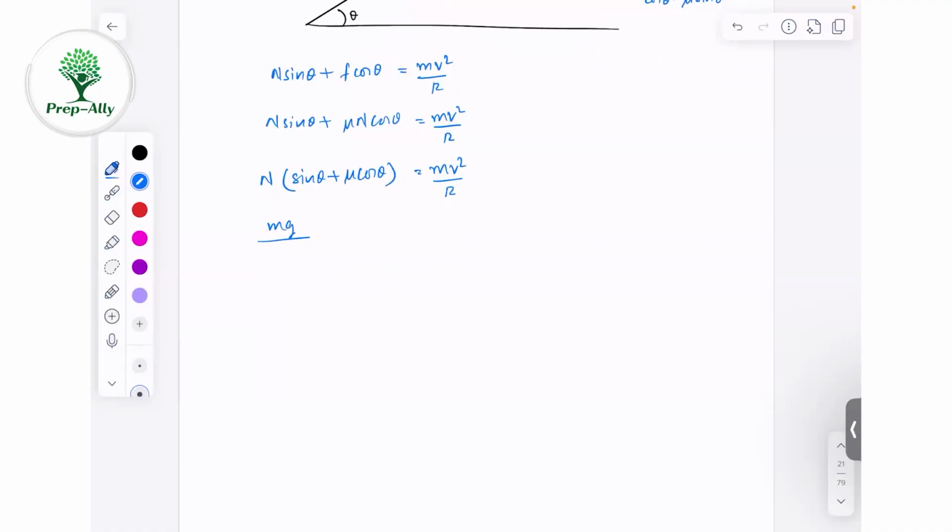Now normal reaction we just found out, mg by cos theta minus mu sin theta, times sin theta plus mu cos theta is mv square by r.